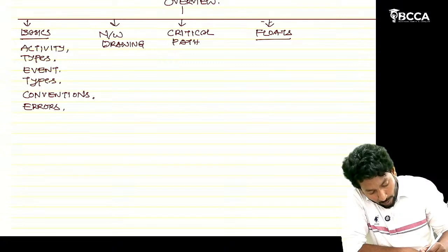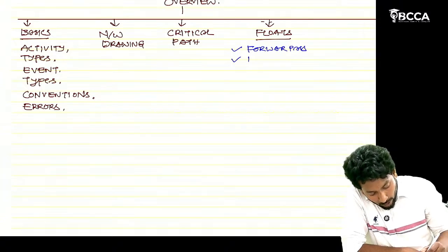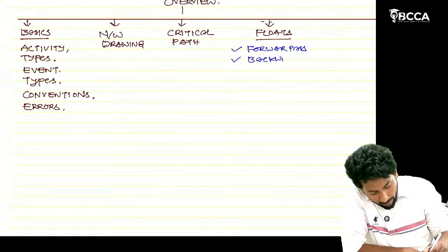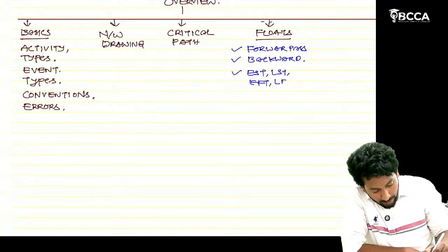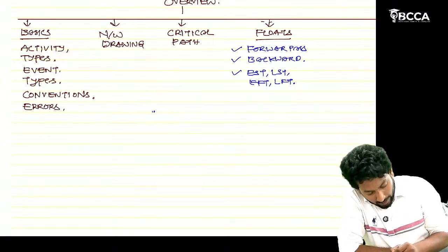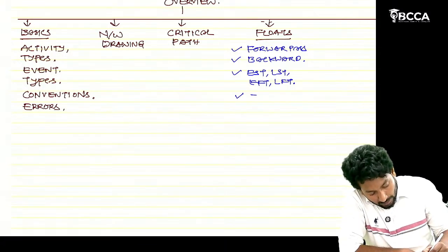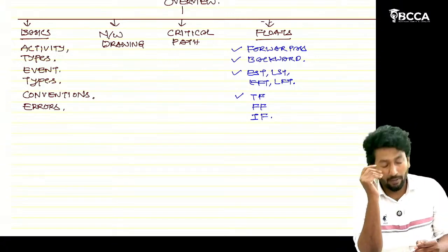While calculating the floats, we have to do the forward pass and backward pass, and then calculate the earliest start time, latest start time, earliest finish time, and latest finish time. Then we calculate the floats. Here we have three types of floats: total float, free float, and independent float, sir. These are the floats in our syllabus.